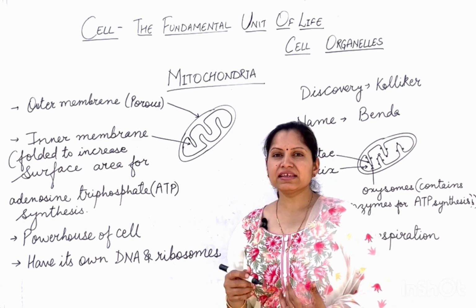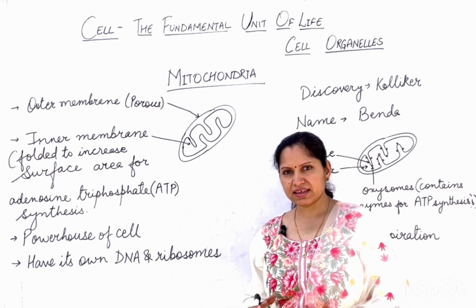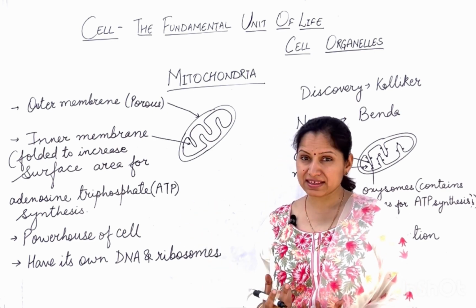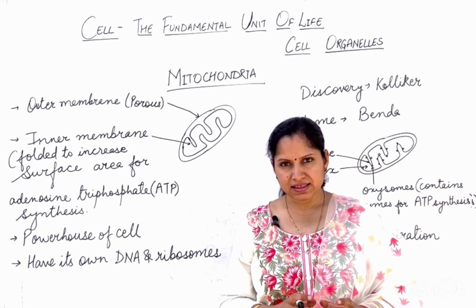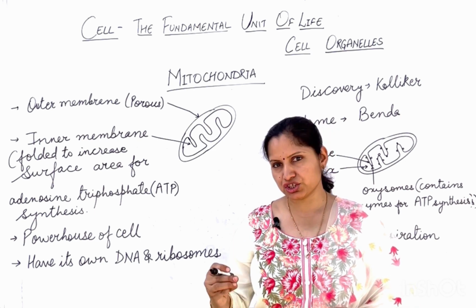These folds increase the surface area. Why do we need to increase the surface area? Because ATP synthesis is going to take place here. Why ATP synthesis? In our cells, every cell is going to perform cellular respiration.